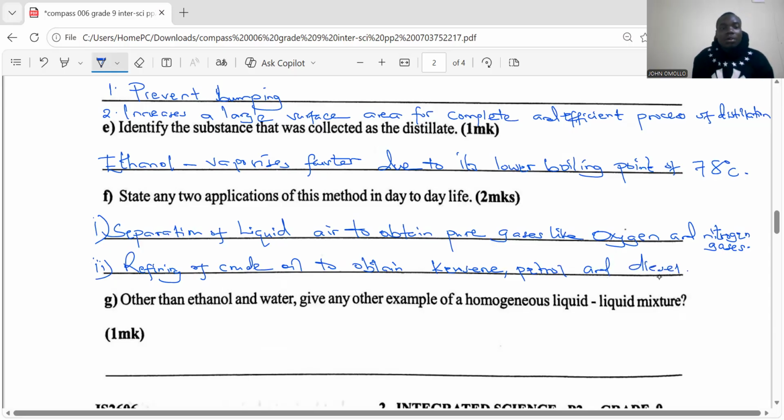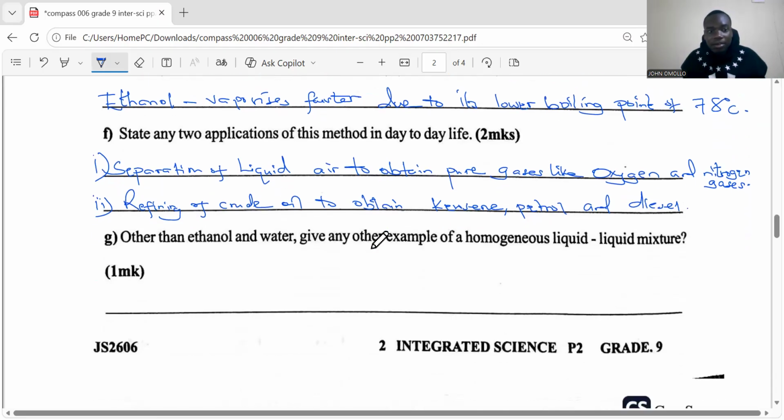Those are the two applications of this method, fractional distillation, in day-to-day life. So one of the applications is separation of liquid air to obtain pure gases like oxygen and nitrogen gases. Number two, refining of crude oil to obtain kerosene, petrol, and diesel.